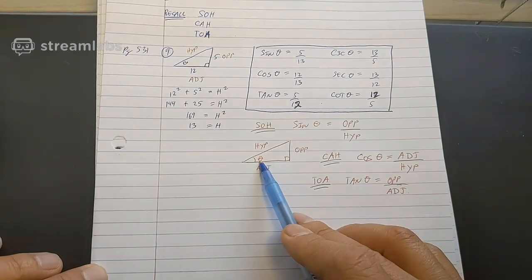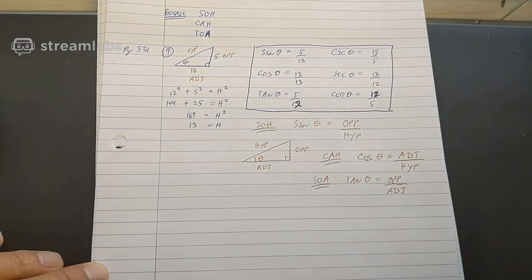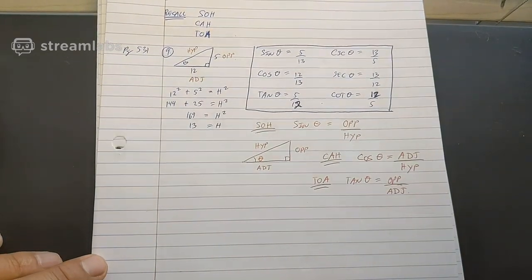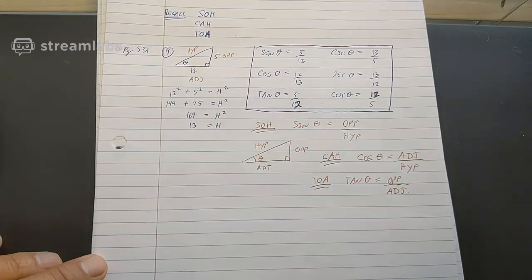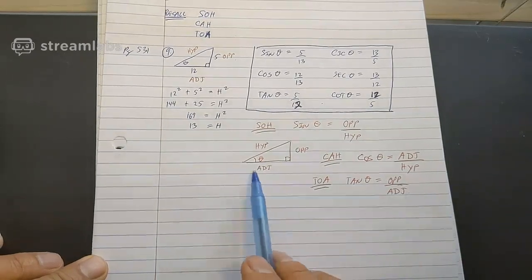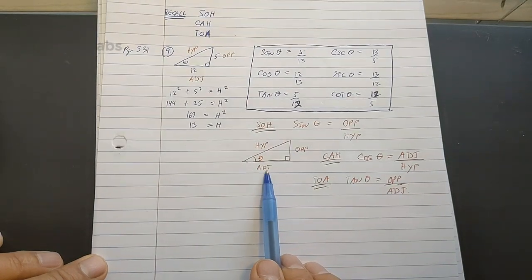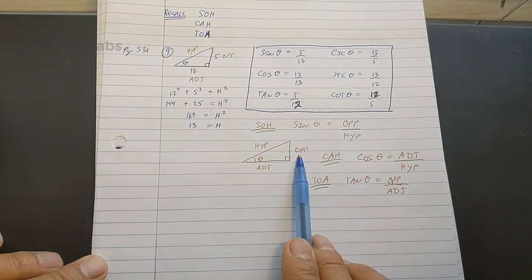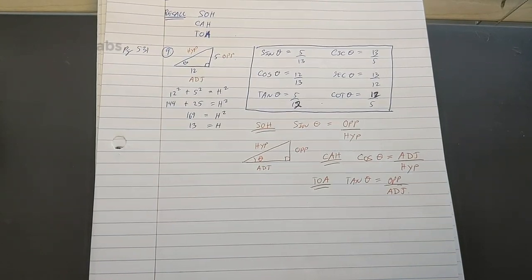It all depends wherever theta is at. So if theta was this angle, then this becomes opposite and this side becomes adjacent. So everything is relative to the location of theta.